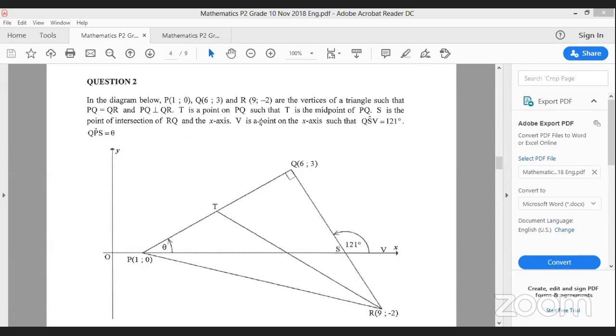V is the point on the x-axis. Where is V? V is the point on the x-axis. So basically, the x-axis are these ones, and here's V. Does it make sense, guys?